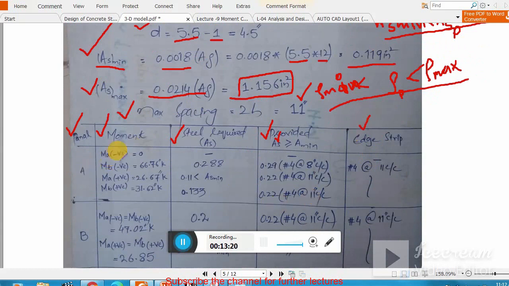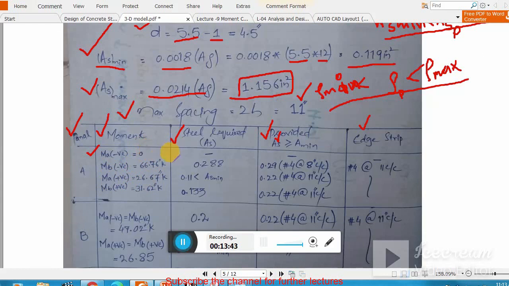So in panel A, as we calculated, our MA negative is 0, but remember you do not need to consider it as 0. You have to take it as 1/3 of MA positive. This MA positive moment, this 26.67, will be divided by 3.